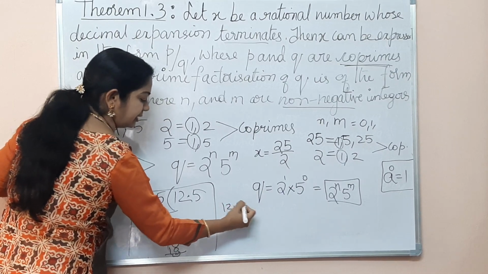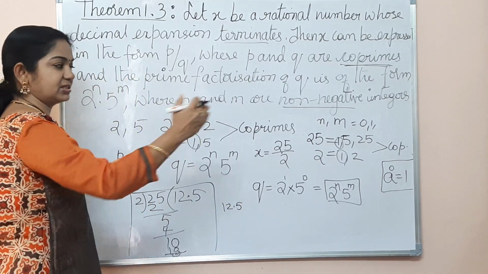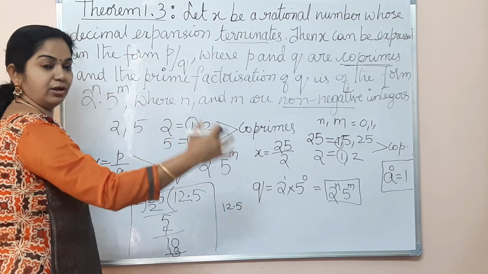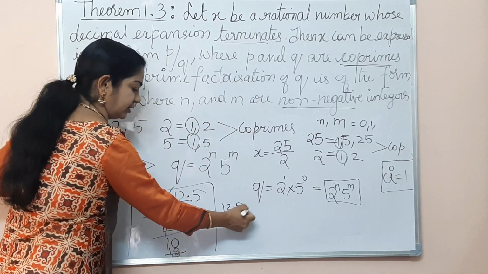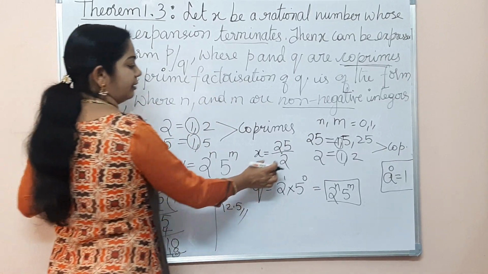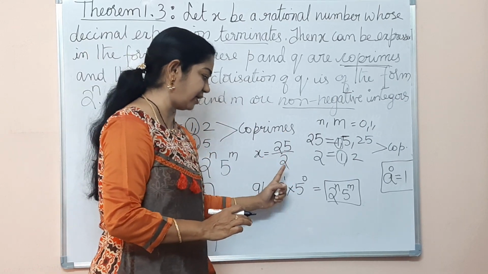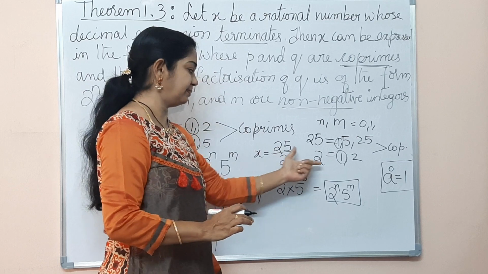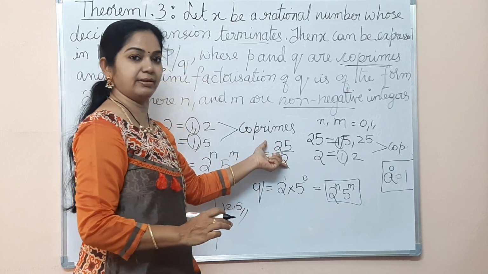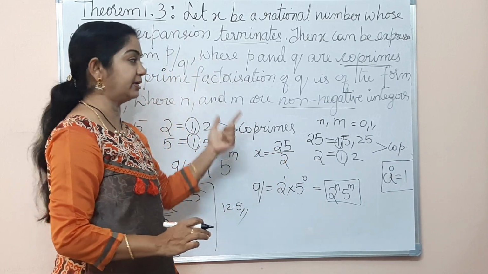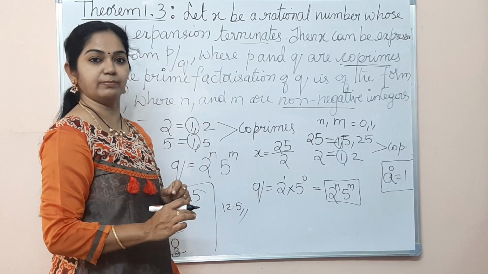That means it is terminating. The decimal expansion is terminating. It is not going further, nor repeating. So, without doing the actual division, by seeing the q value, which is expressed in the form of 2 to the power of n, 5 to the power of m, I can simply say that this rational number's decimal expansion will terminate according to theorem 1.3.